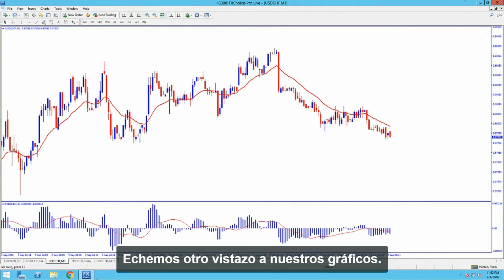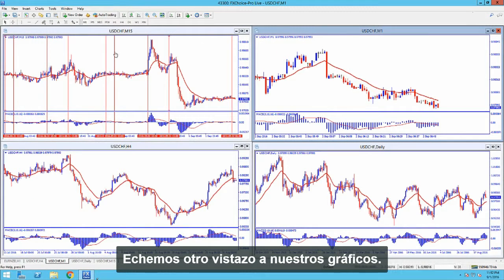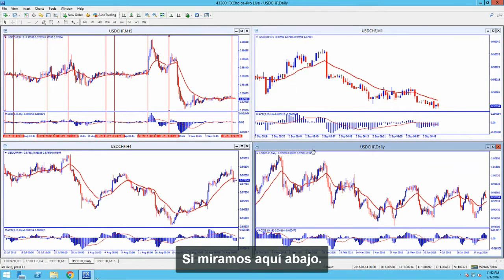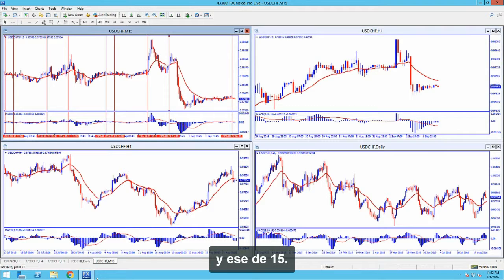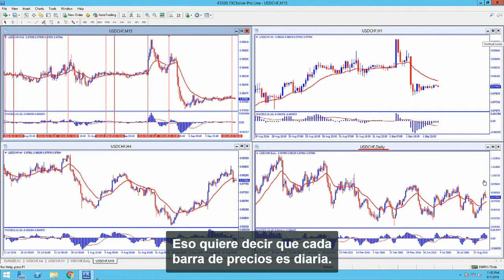Let's take a look at our charts again. So if we look down here, that's a daily chart. Let's just make this hourly, and this 15. So let's take a look at everything together one more time. USD/CHF, a daily chart. That means each price bar is a daily.